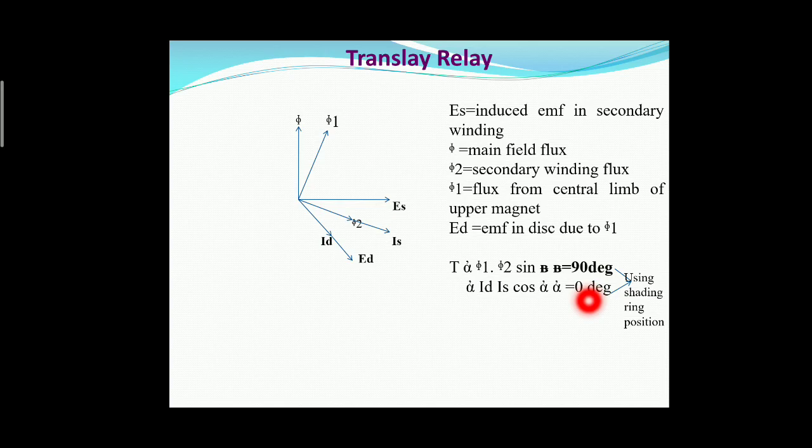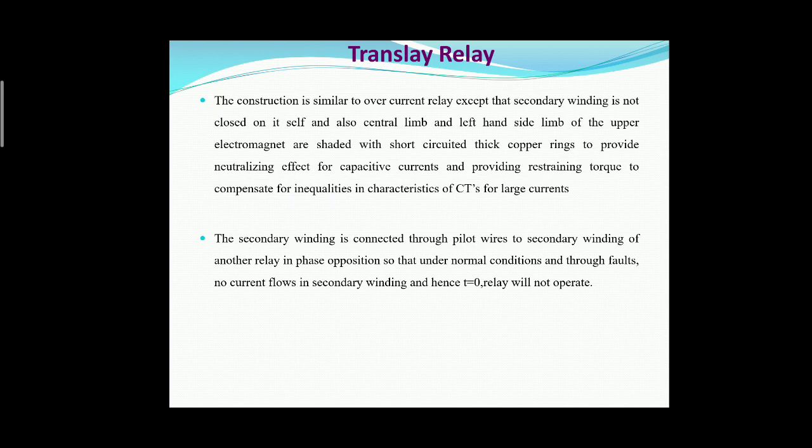Beta is the angle between phi 1 and phi 2. The angle between phi and ES is 90 degrees, and the angle between phi 1 and ID is 90 degrees.